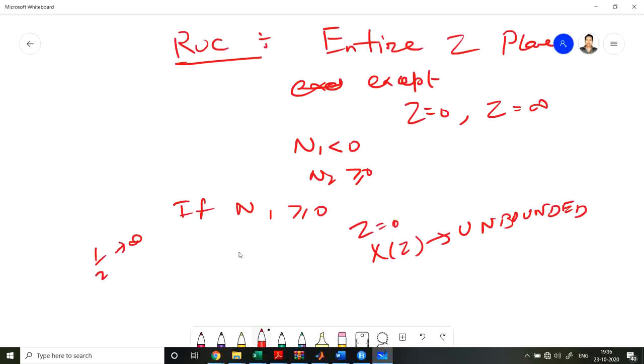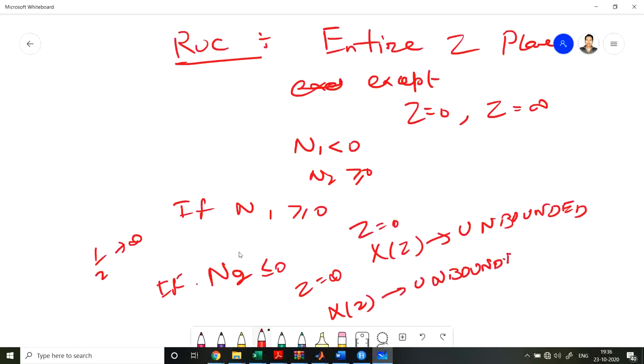Now another case is if N2 is less than or equal to 0. Then the ROC will include z equal to 0, no problem, but for z equal to infinity, X(z) will tend to unbounded, because when N2 is less than or equal to 0 and N1 is already negative, we will get only positive powers of z.